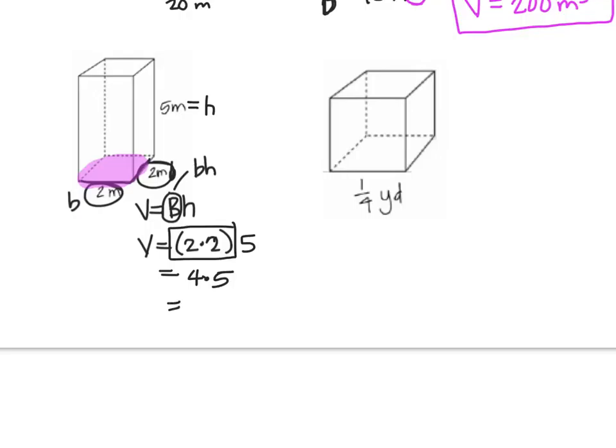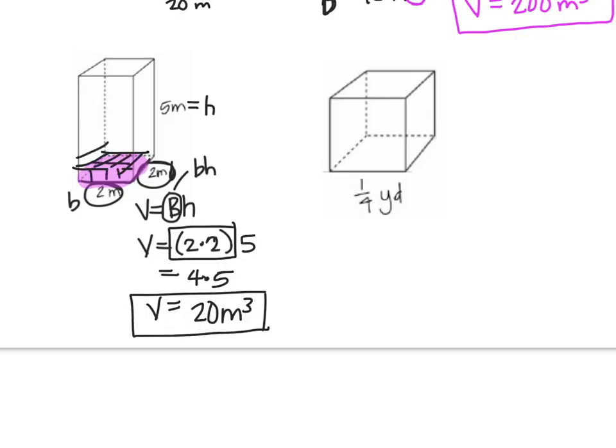And so what we're going to get is the volume of this rectangular prism is 20 meters cubed. That means that inside of this, if I were to do a layer upon layer, and keep building it up, it would take 20 meters that are shaped as cubes to do this.